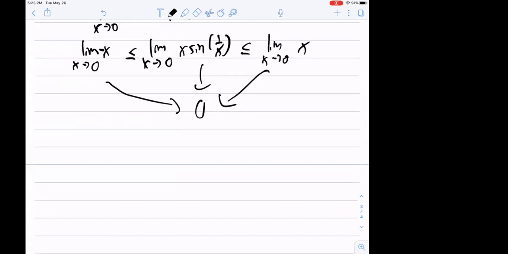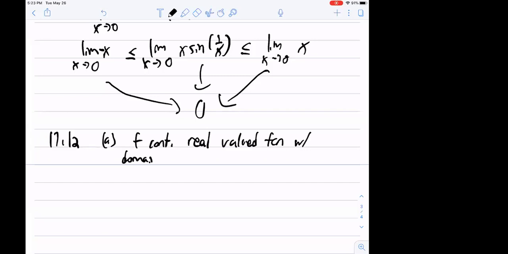So, okay. Let's go over 17.12. So f is a continuous real valued function with domain [a, b].